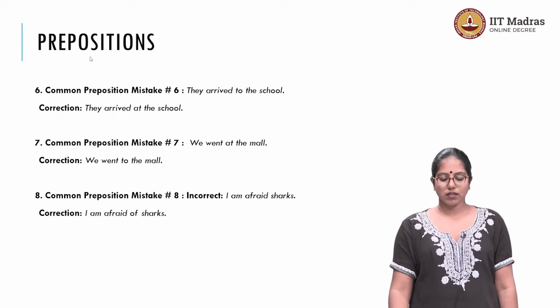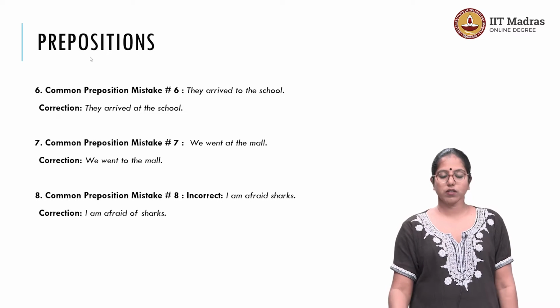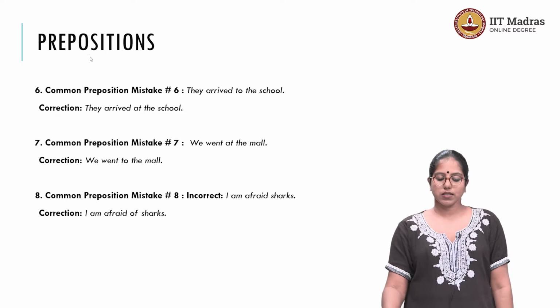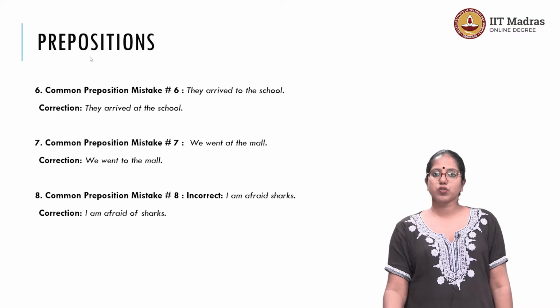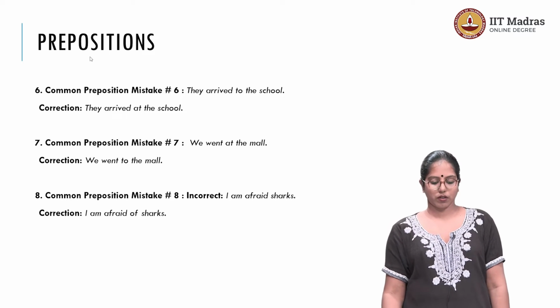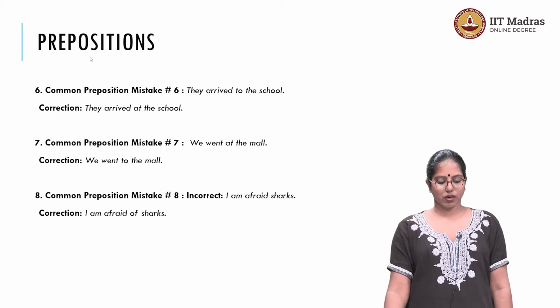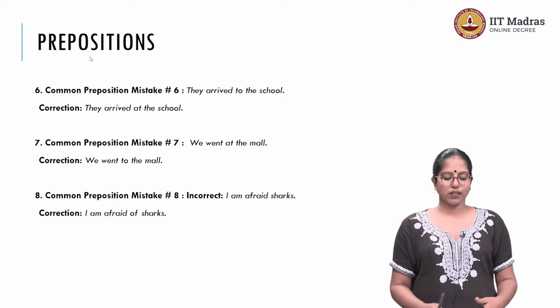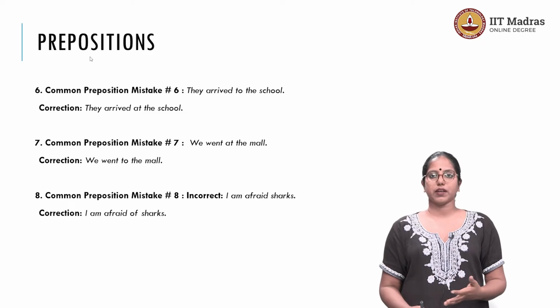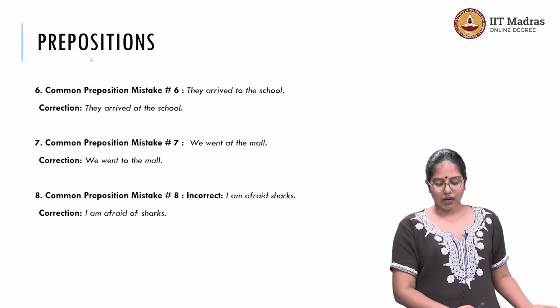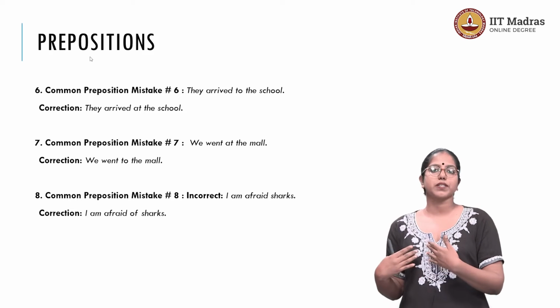What's the right answer, or what's the right sentence? We went to the mall. So, went is followed by to. You don't say went at, you say went to. So, you say arrive at and went to. Okay. So, misusing the word at and to is another preposition error that happens very frequently. At refers to where things are and to describes another location.